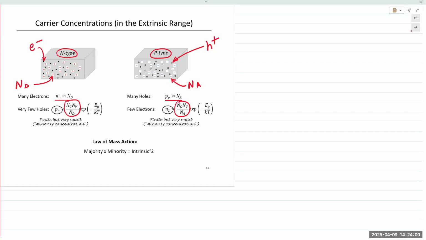Oh, okay, I see what you're saying. So the question being asked is why are we using capital N for multiple things? And it happens all the time. There's only so many alphabets to go around that we use the same alphabets for multiple different things. And sometimes lowercase letter means something else and uppercase letter means something else.